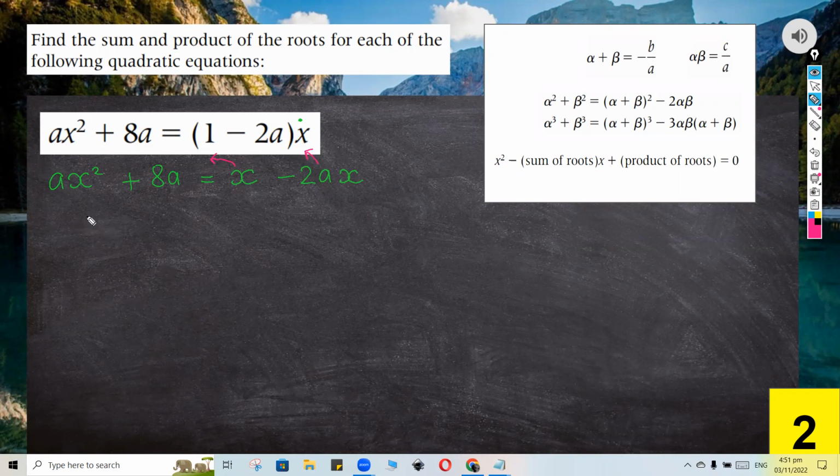That is the next step. If you do that, then you're going to end up with ax squared. You'll end up with positive 8a. Well, he was always there. You throw across positive x, you get minus x. You throw across minus 2ax, you get positive 2ax. Then it's equal to 0.